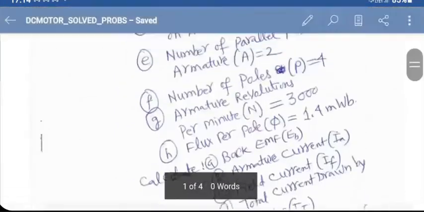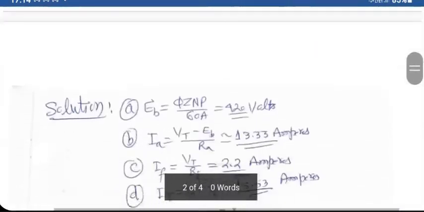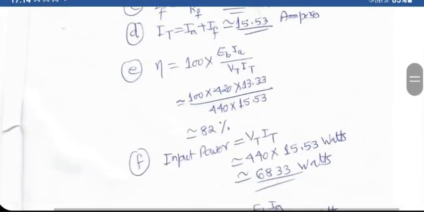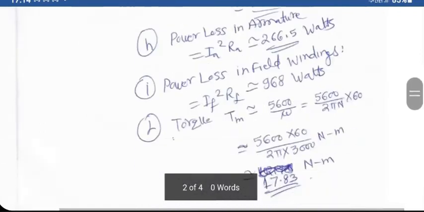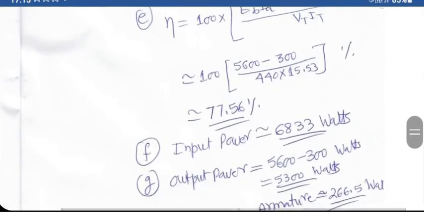Here, we were idealizing the situation by ignoring iron losses and mechanical losses. So we got a higher efficiency there. But this problem is more realistic. Efficiency has fallen now to 77.56%. Input power, of course, will be VTIT. There's no change.